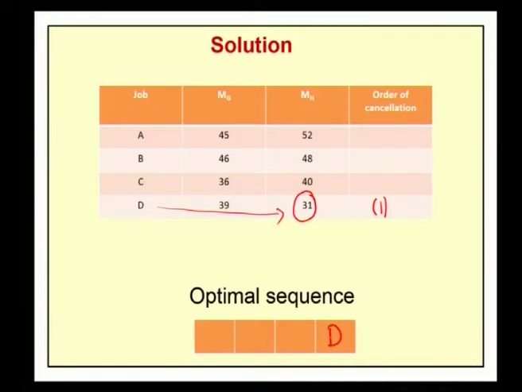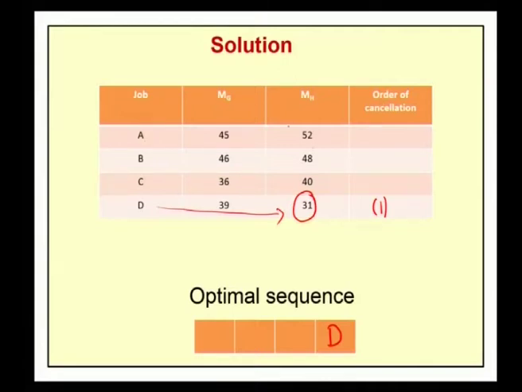Therefore, the last column is filled with job D. The minimum processing time is 31, which corresponds to job D under the second machine H. Therefore, we have to schedule job D last. After selecting job D, next we have to select from the remaining 3 jobs A, B, C.